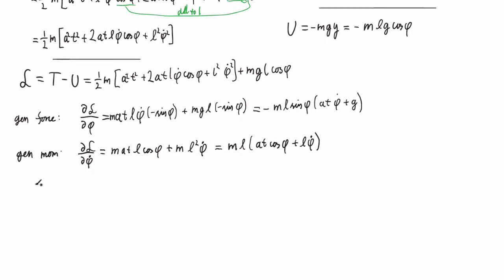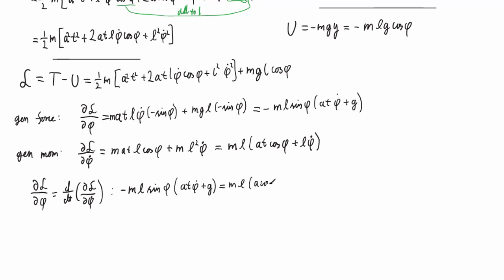Apply the Lagrange equation. The generalized force equals the time derivative of the generalized momentum. You can see that this term here is actually the same as that term there.